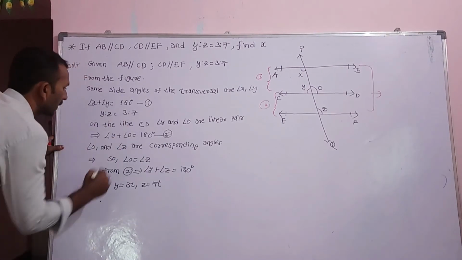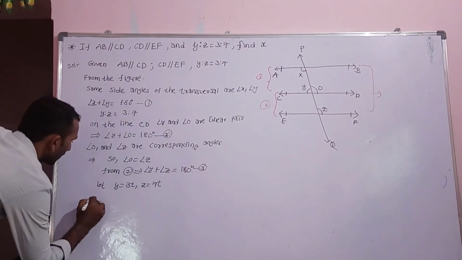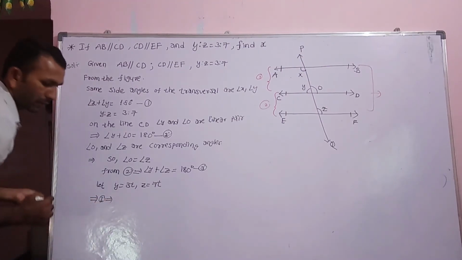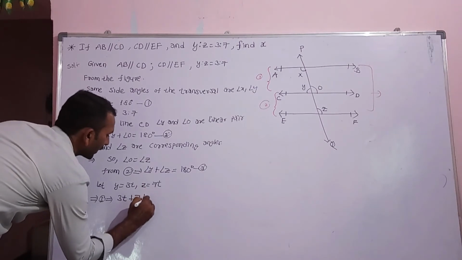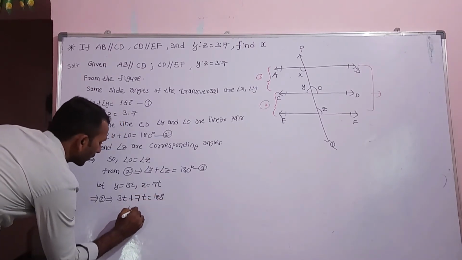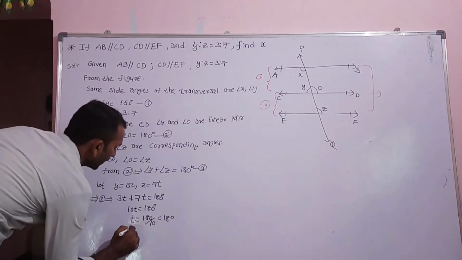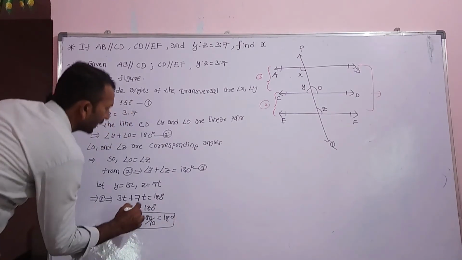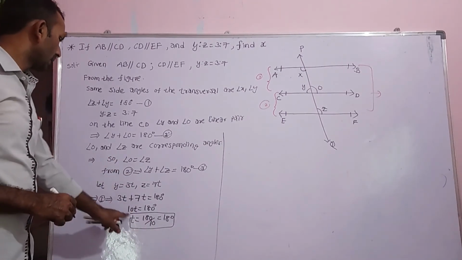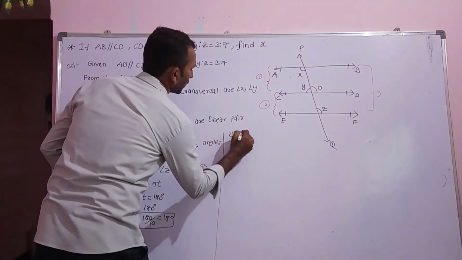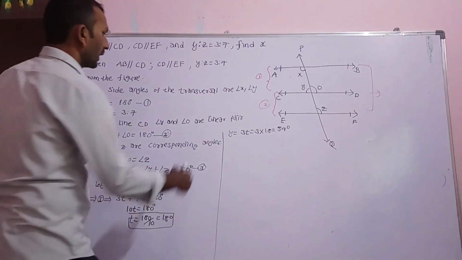From equation 3, angle Y means 3t, plus angle Z means 7t, equals 180 degrees. So 10t equals 180 degrees, t equals 180 by 10, that equals 18 degrees. Now Y equals 3t, which is 3 into 18, that equals 54 degrees.